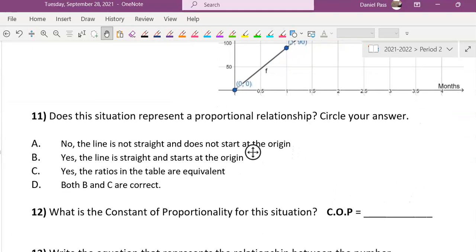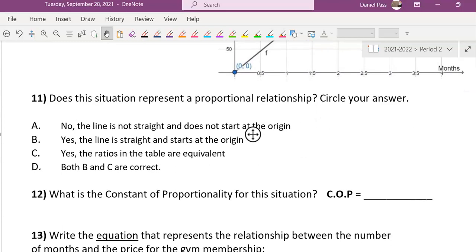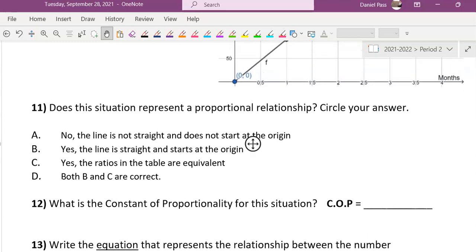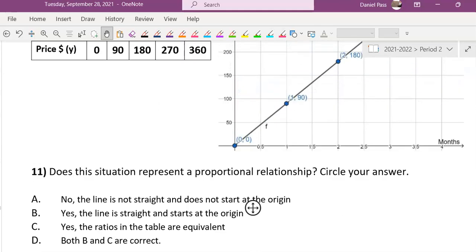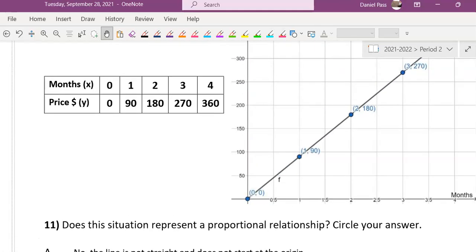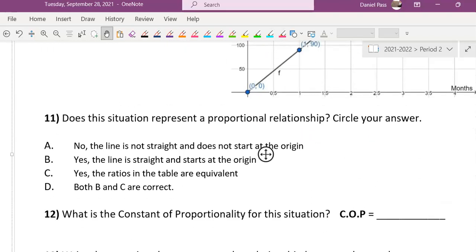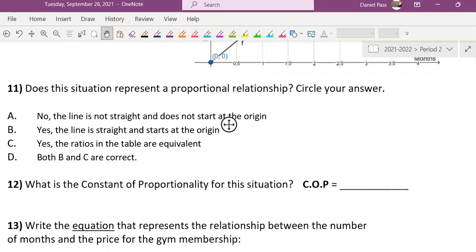What about B? That is correct. Yeah, the line is straight and it starts at 0, 0. What about C? It is correct, because these all equal 90: 90 divided by 1, 180 divided by 2 equals 90, 270 divided by 3 also equals 90, 360 divided by 4 also equals 90. So therefore, what's our answer? D, both B and C are correct.